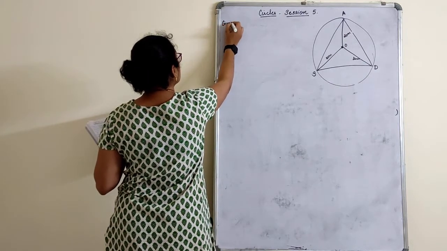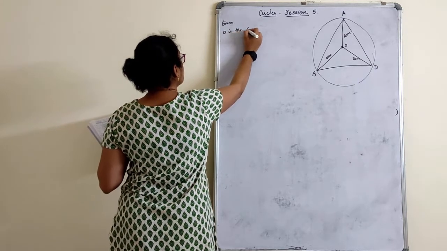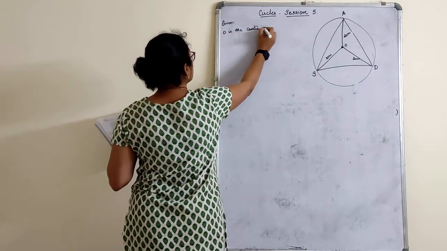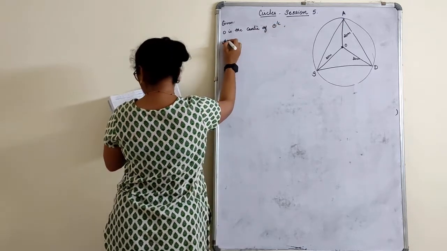Given: O is center of circle. Then who are those?